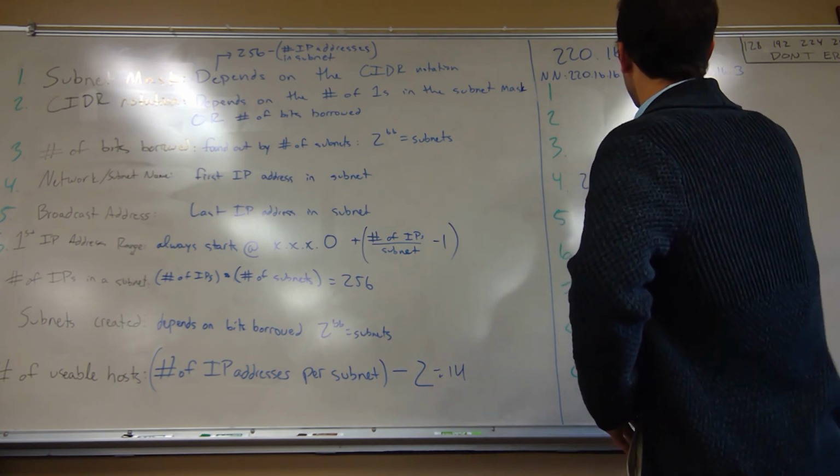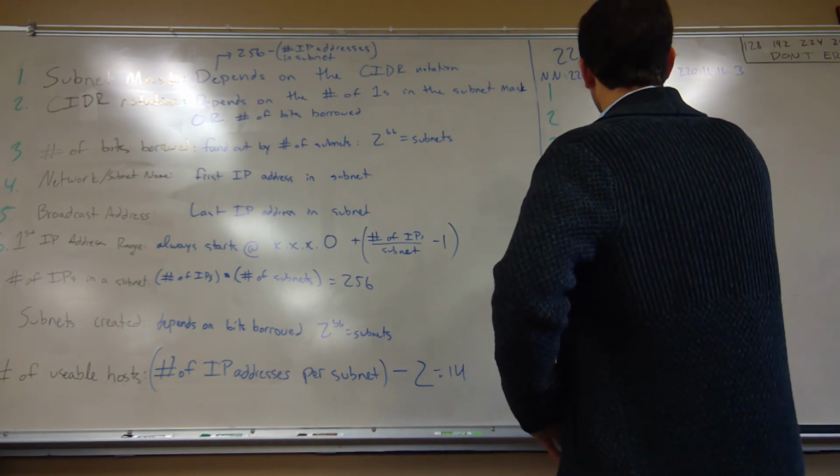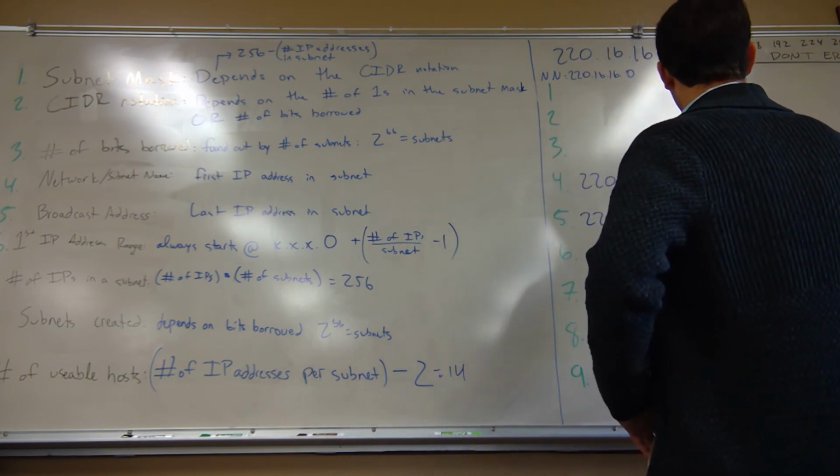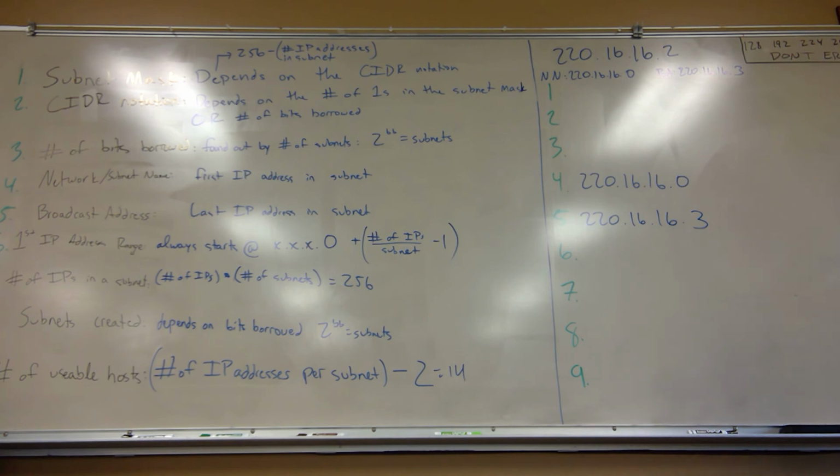I changed the IP address from .73 to .2. I don't think that messes with anything. And when you're done, I want you to pass it to a partner, and your partner's going to check it. I gave you 4 and 5 here.